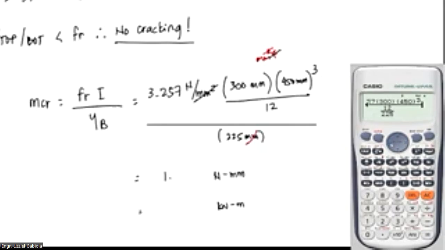Let us verify this. 3.257 times 300, 450 cubed over 12, then divided by 225. So why?